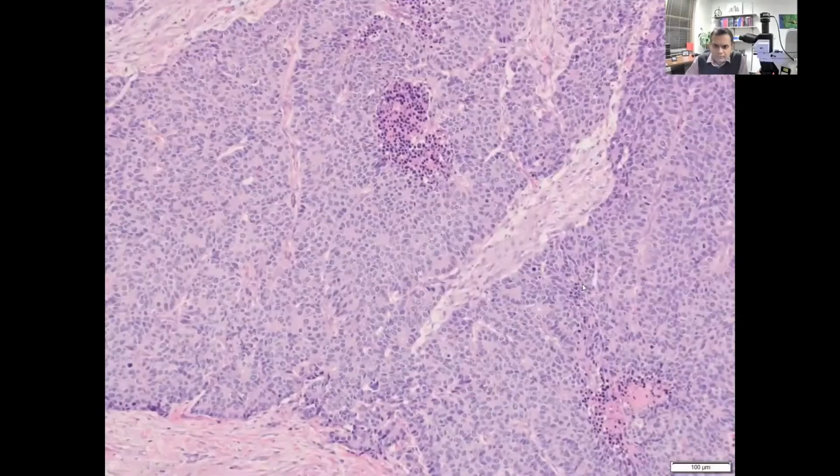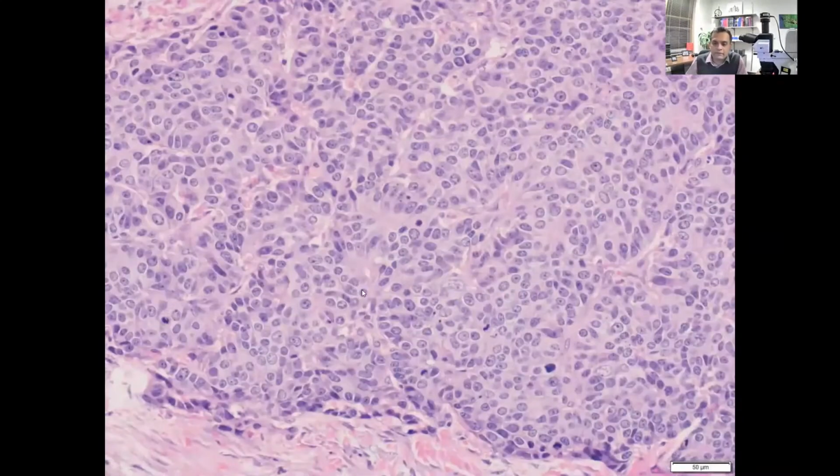So here is an example. This may not look like a typical small cell carcinoma that you might see in the lung because it has too much cytoplasm, right? But if you look closely, you will see that many of these cells, or all of these nuclei, have this coarse salt and pepper type of chromatin, very inconspicuous or small nucleoli, and then multiple easily identifiable mitotic figures and apoptotic debris.